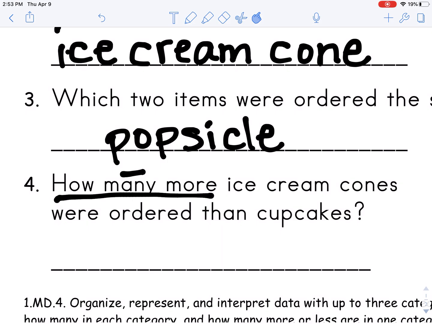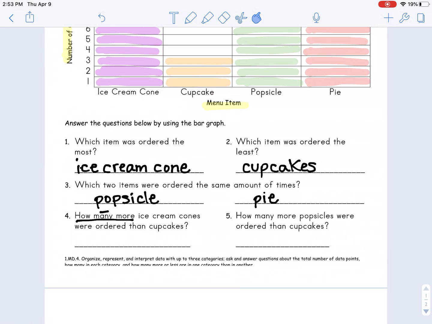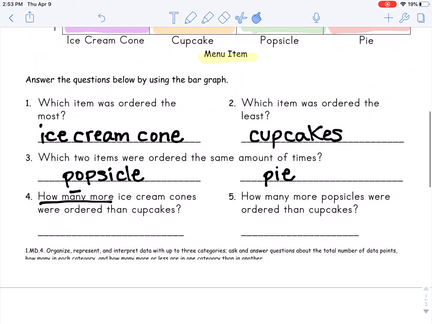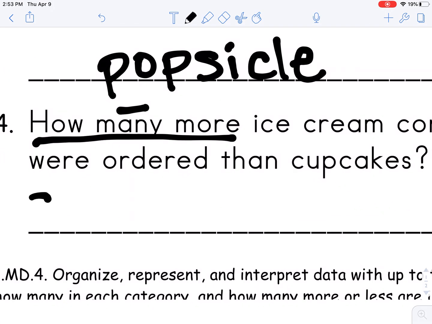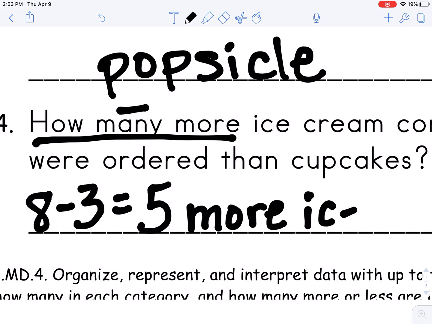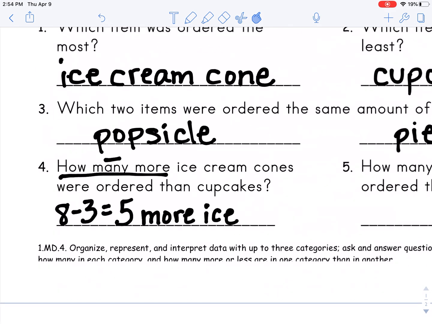So we're looking at ice cream cones and cupcakes. 8 ice cream cones were ordered. 3 cupcakes were ordered, so we want to subtract. 8 ice cream cones minus 3 cupcakes equals 5 more ice cream cones. Try and write it as neat as you can.